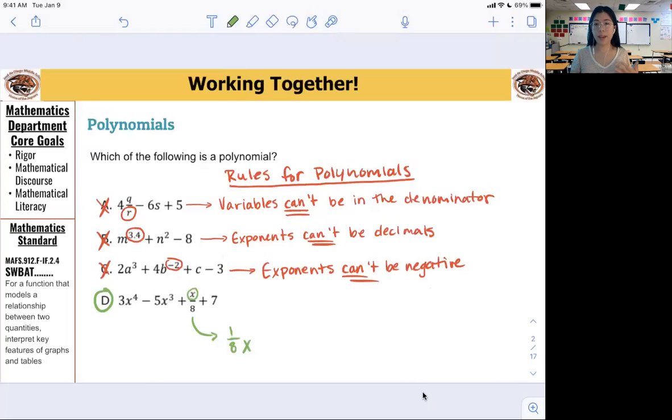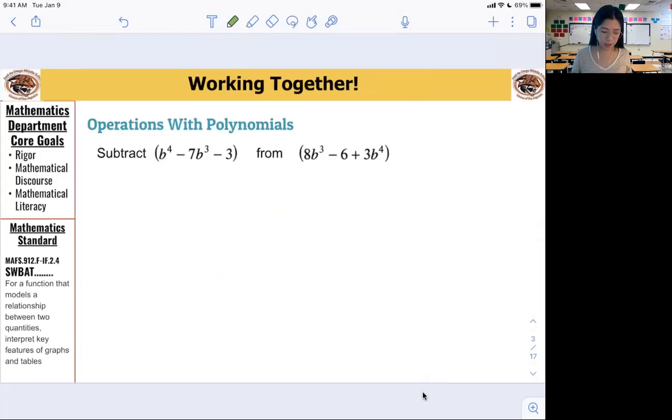So like I said, topic 8 is all about adding, subtracting and multiplying. So let's go ahead and start with subtraction. Now, if a question looks like this, it's telling you to subtract this trinomial from this trinomial. What do we have to remember to do? Yeah, the second expression, we write it down first.